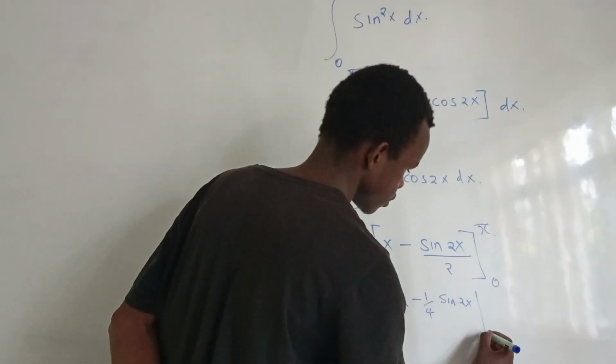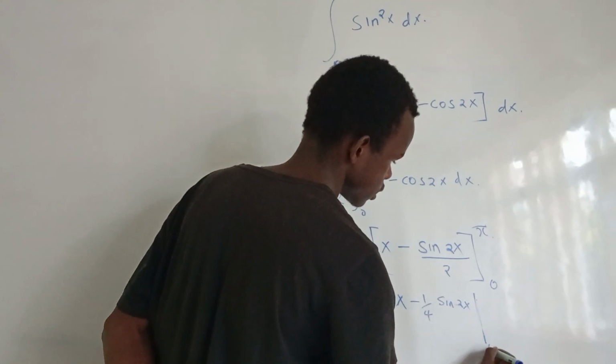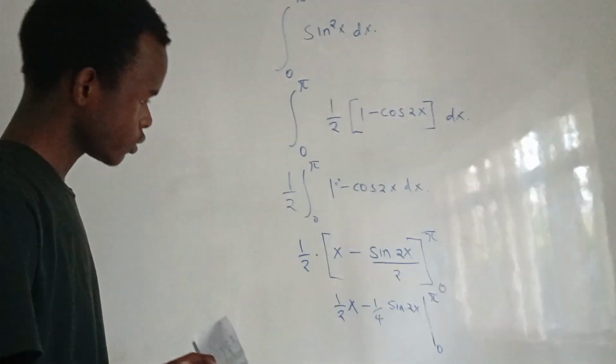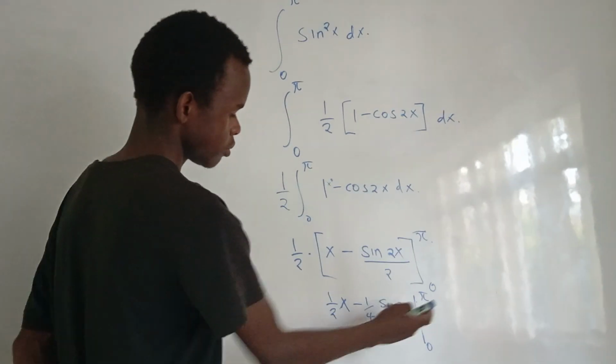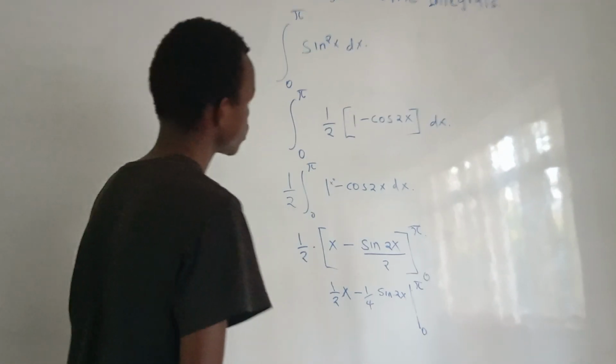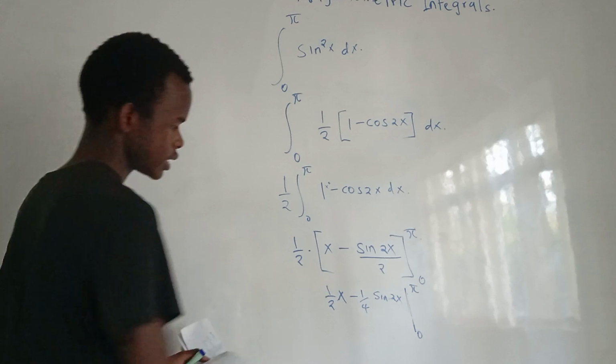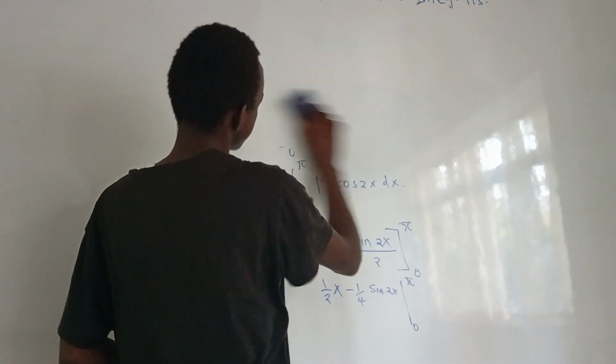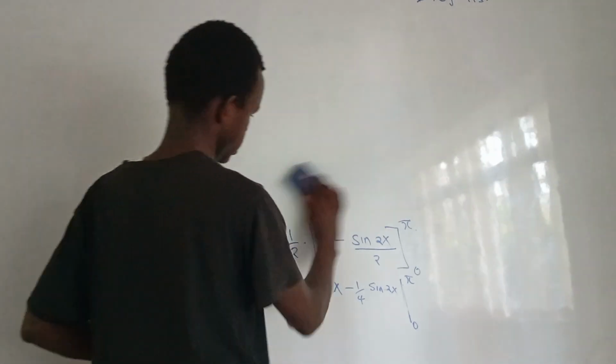Then the bounds are from 0 to pi. We usually start with replacing pi, then we subtract the replacement of 0. The reduction formula, check it on my video.